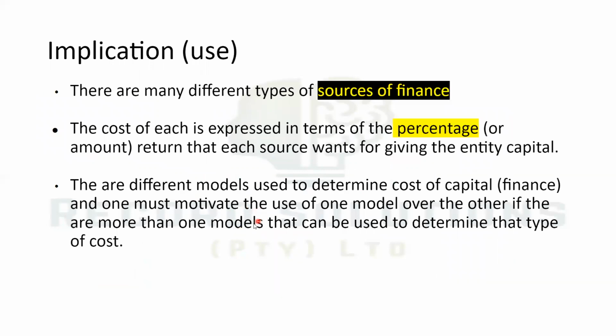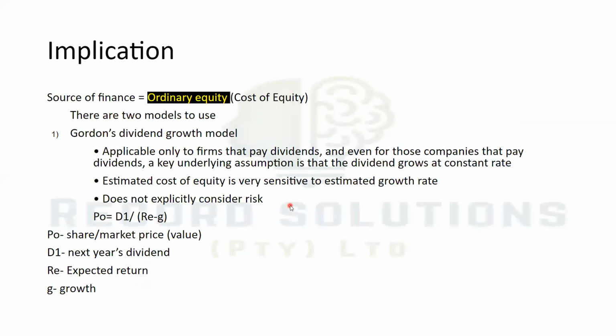If there's more than one model, then you have to motivate the use of one model over the other. For determining cost of equity, there are two methods you can use, and it depends on some factors that I'm going to talk about now. In terms of determining the cost of finance, ordinary equity is the only source of finance where you have to motivate which model you're going to use.